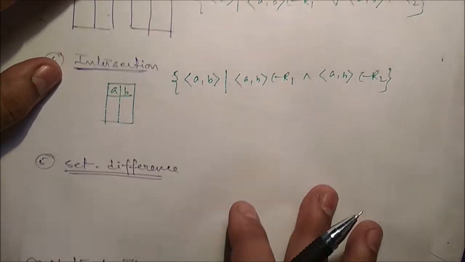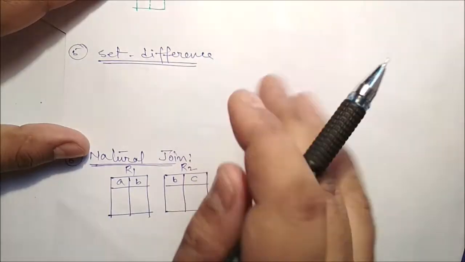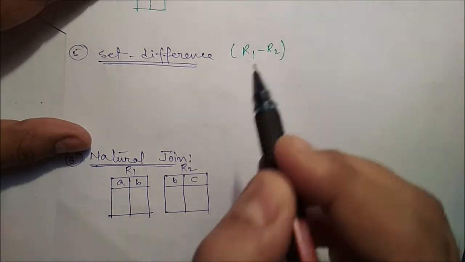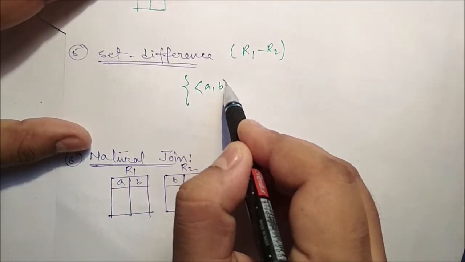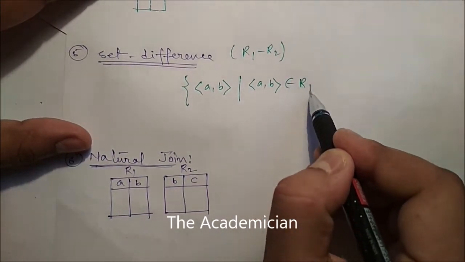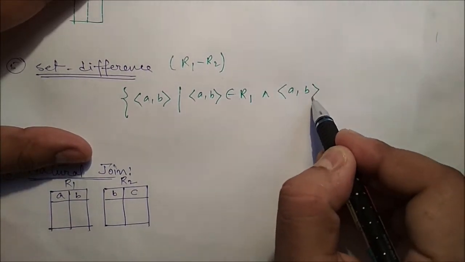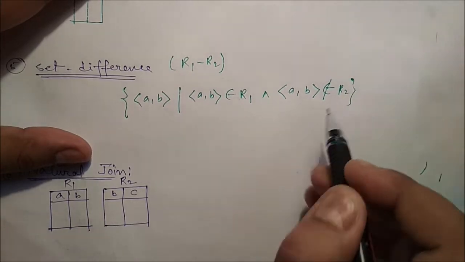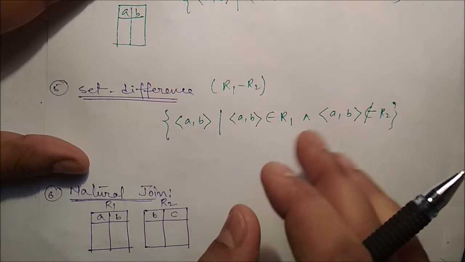Next is set difference, R1 minus R2. To implement this, we write AB where AB belongs to R1 and AB should not belong to R2. In this way we can implement the set difference.